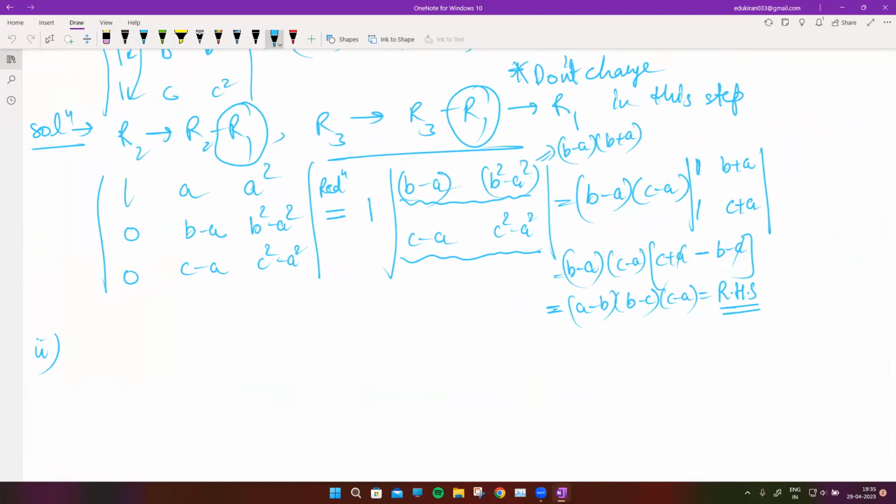Now, let's take this one. So this is your example 15 as well. If X, Y, Z are different, and delta is equal to x square.